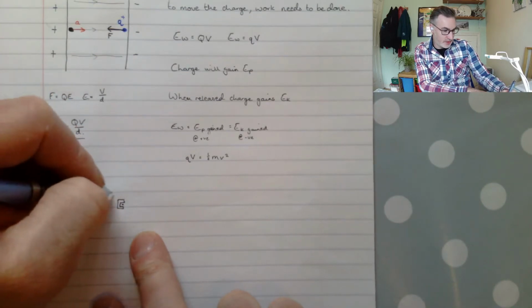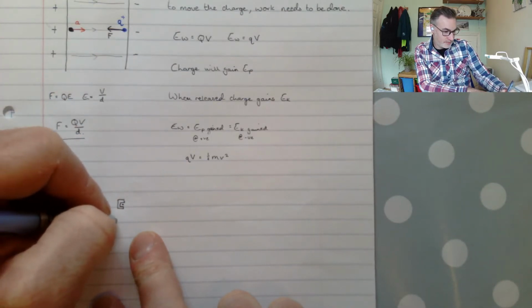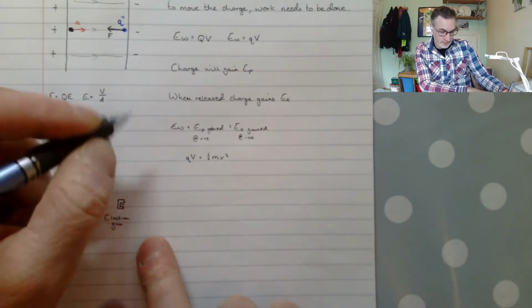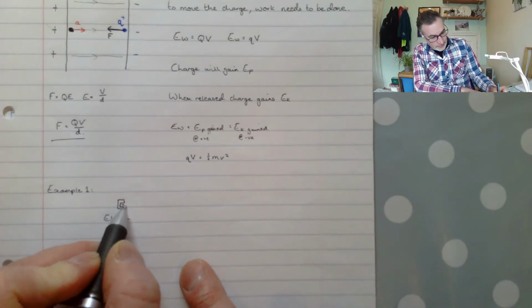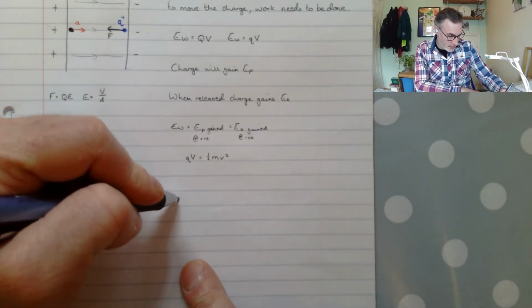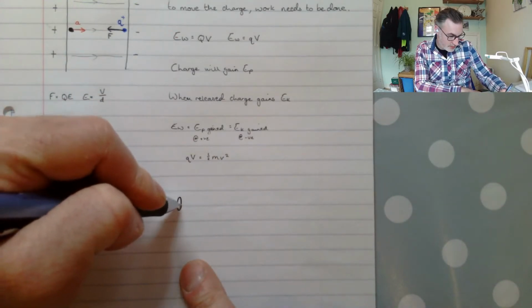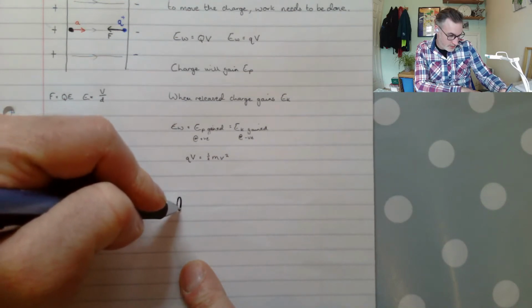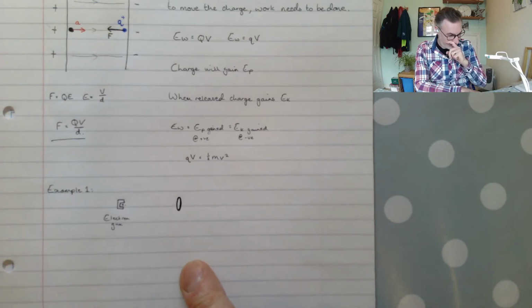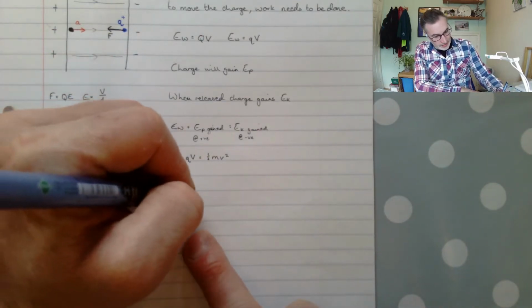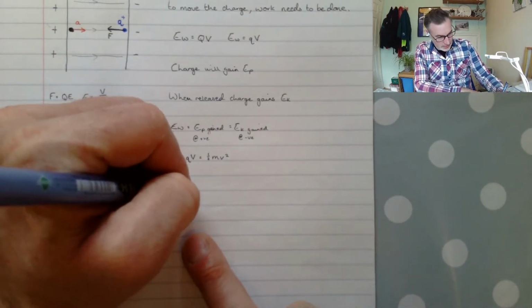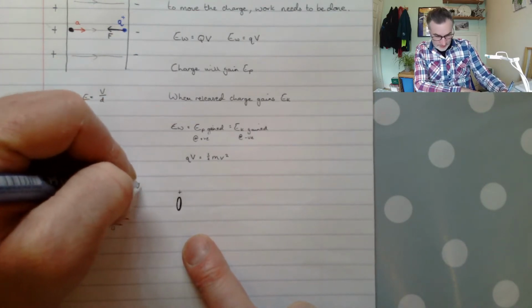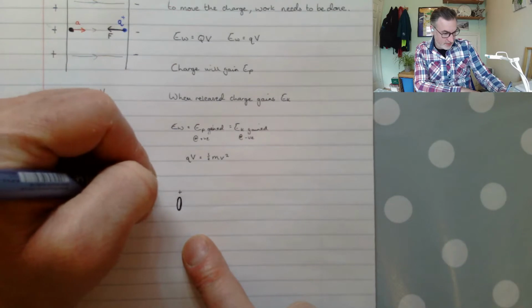We'll have an electron gun, and we're going to have our anode here, cathode, V equals 1.5 kilovolts.